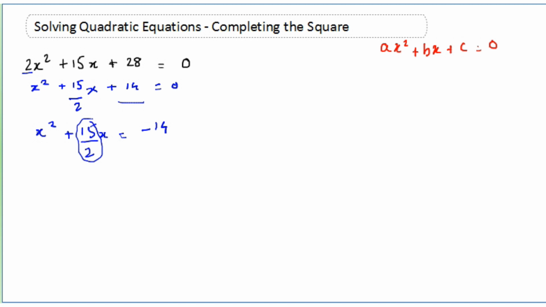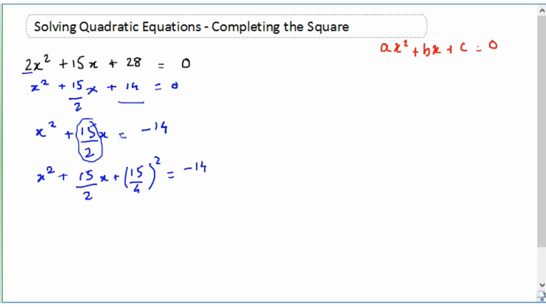The third step was to add a number which was half of this number. The half of 15 over 2 is 15 over 4, so we are going to add the square of that. So 15 over 2 x plus the square of 15 over 4 has to be added to this side of the equation, and since we are doing that, we have to add the same to this side of the equation also, 15 over 4 square.